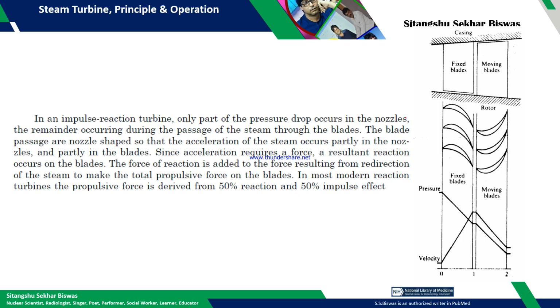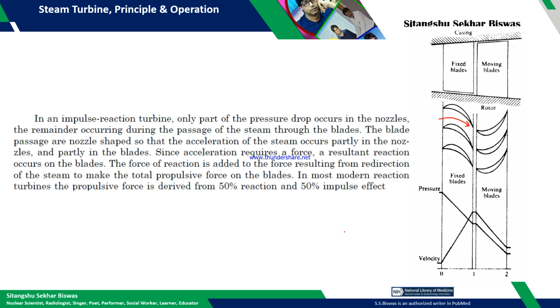So from the earlier discussion, in an impulse reaction turbine, a part of the pressure drop occurs in the nozzles, means while it is passing through the fixed blade. The remaining pressure drop occurs during the passage of the steam through the moving blades.